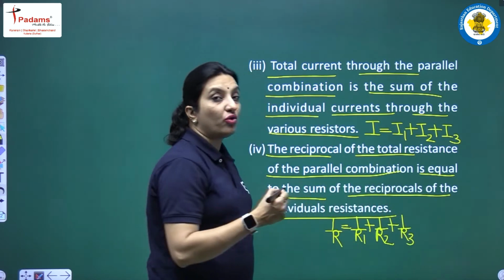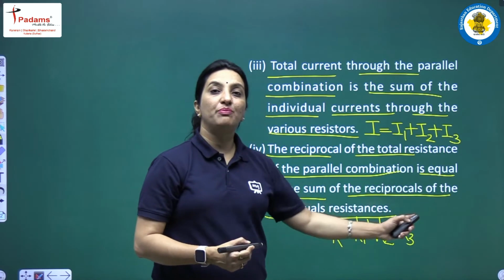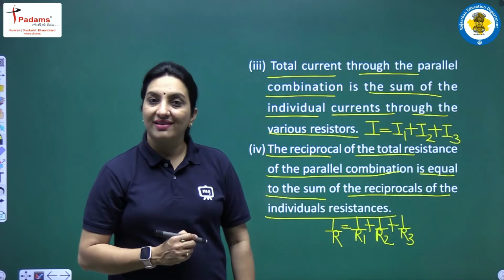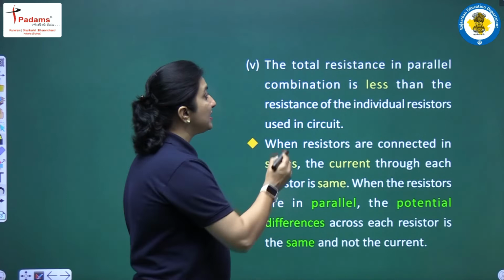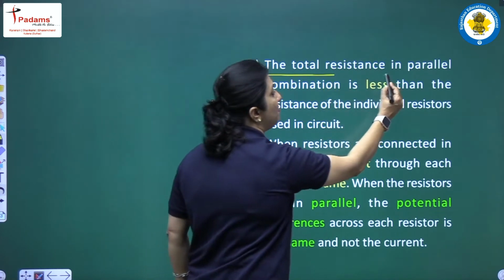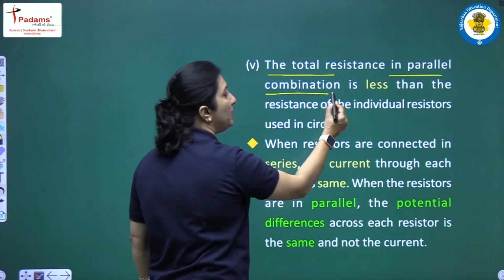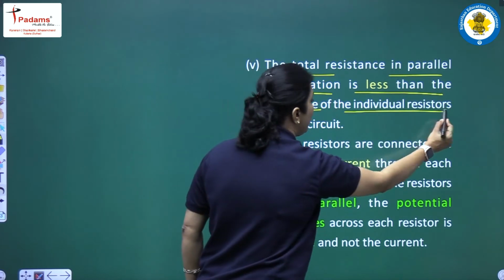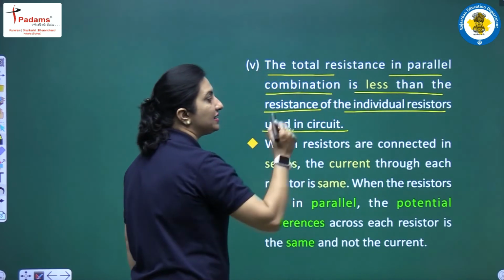So if we have more than 3 resistors, then we will keep on adding the reciprocals of each individual resistance. Now students, the total resistance in parallel combination is less than the resistance of the individual resistors used in the circuit.